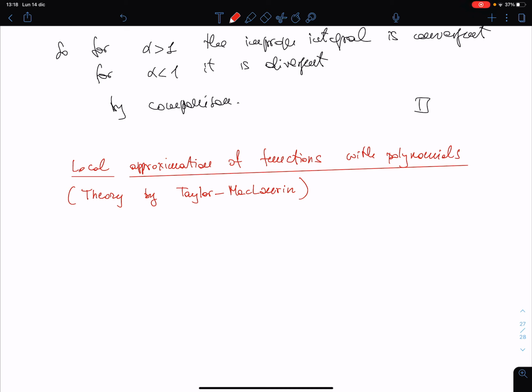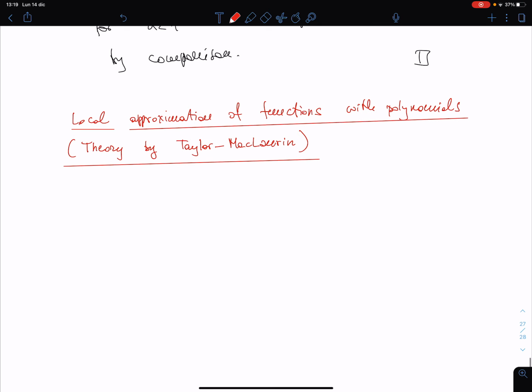So we already have some examples in these directions, and the first example I can give you is that we all know that the function sine of x is approximated by the polynomial x up to some higher order infinitesimal, little o of x.